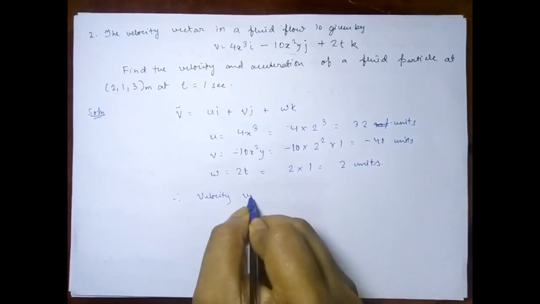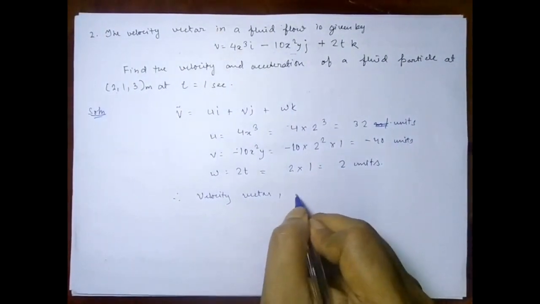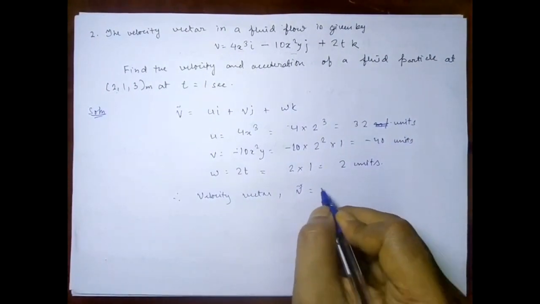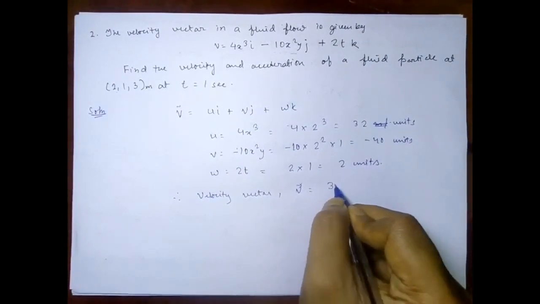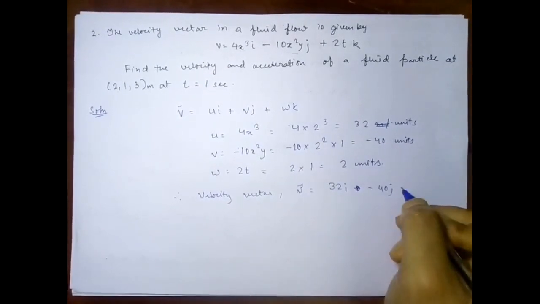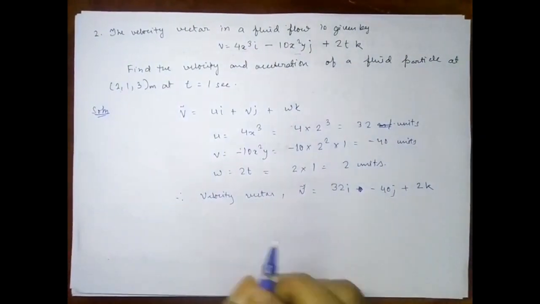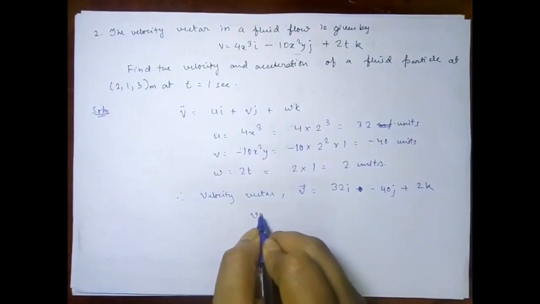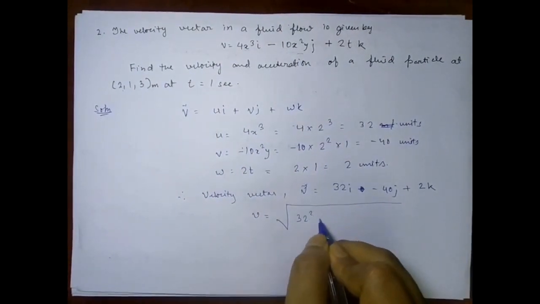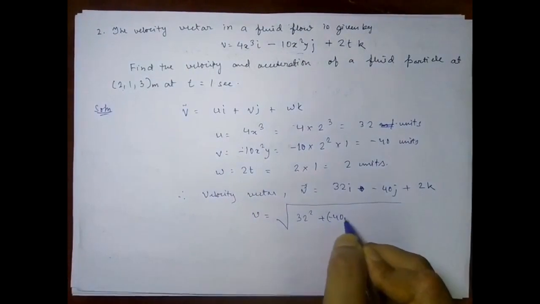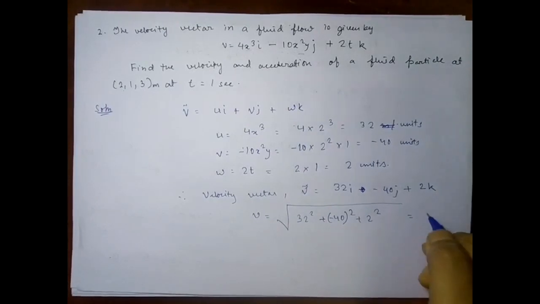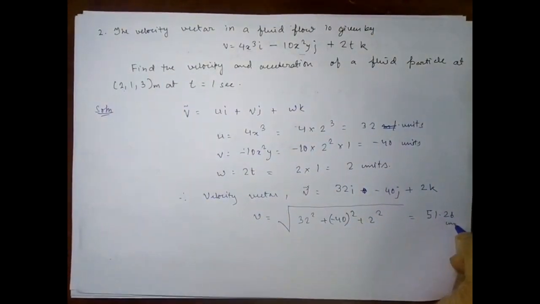Therefore velocity vector V will be equal to 32i minus 40j plus 2k, and magnitude of the velocity will be square root of 32 square plus minus 40 square plus 2 square, and it is equal to 51.26 units.